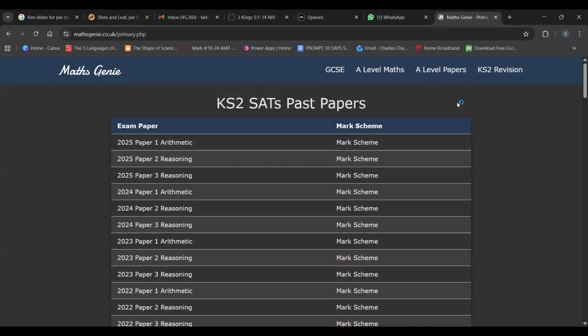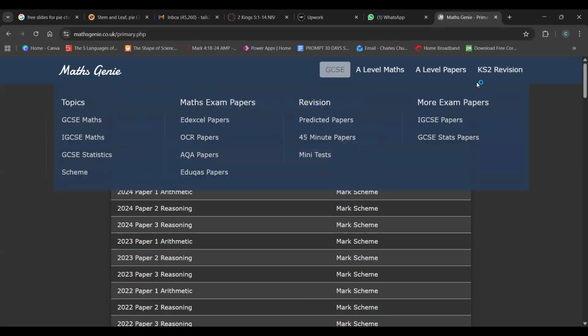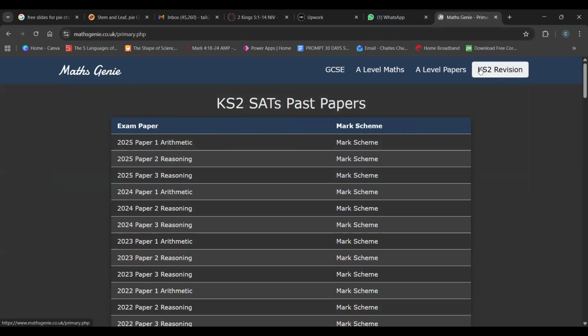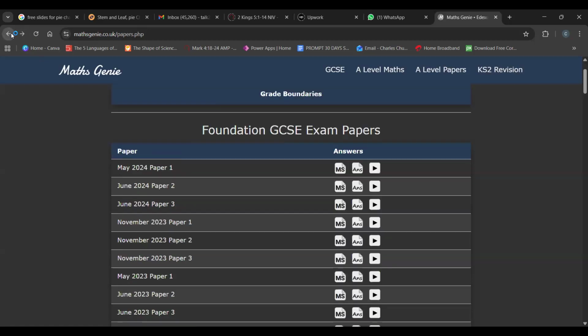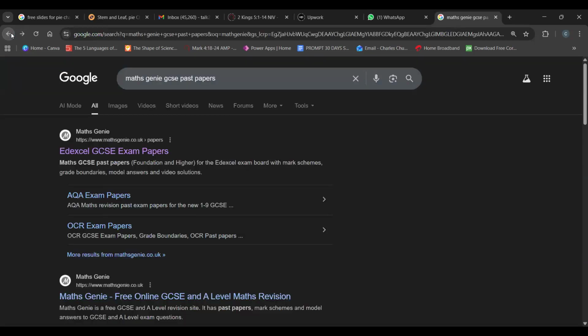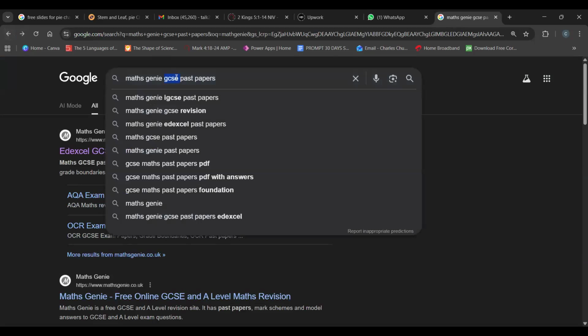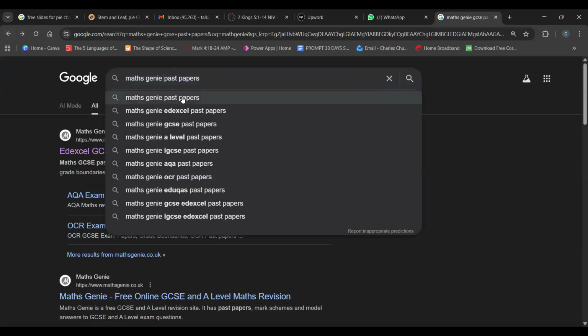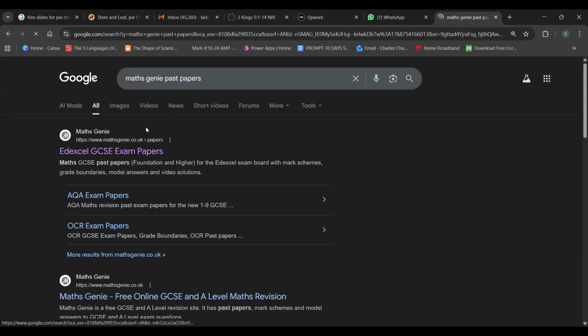I clicked on Key Stage 2 revision, right? I think it's because you put GCSE paper, so just enter Math Genie.